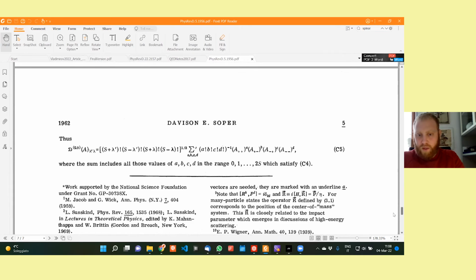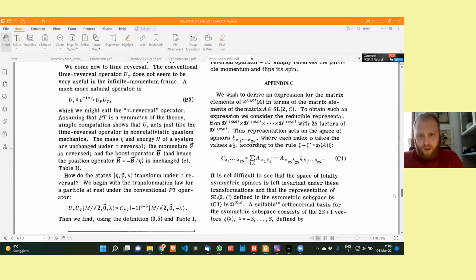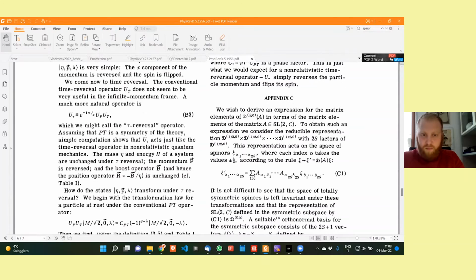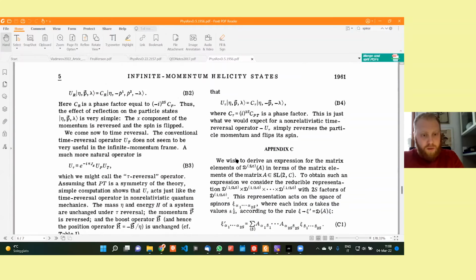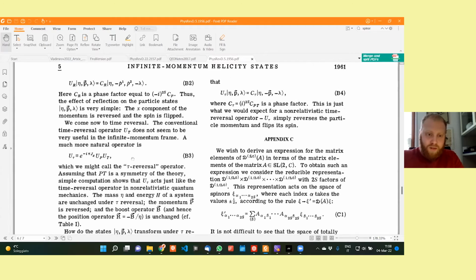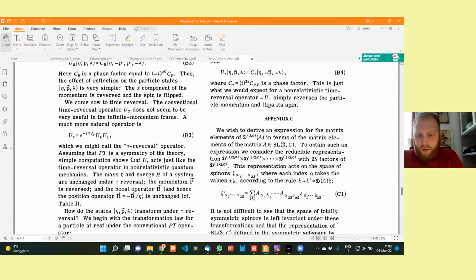So all of this is to say that please work out the details in a really careful manner, because, as I said yesterday, time reversal maybe is not the best thing to do. Maybe you should use PT, to map quantization along the plus direction into quantization along the plus direction.